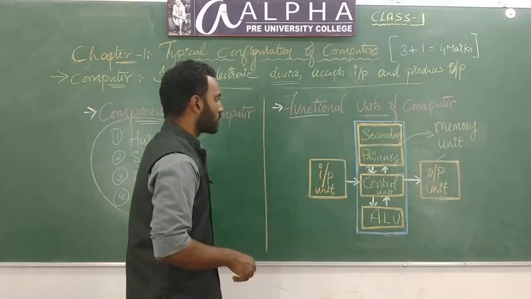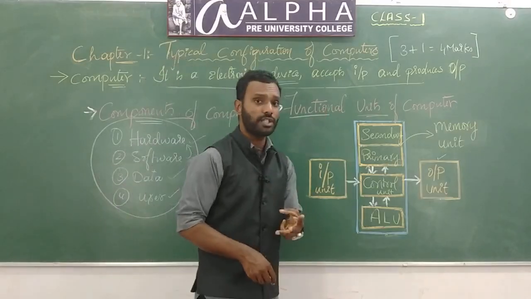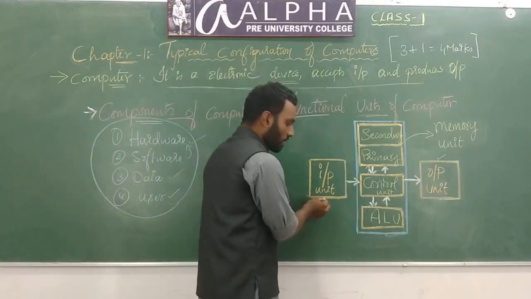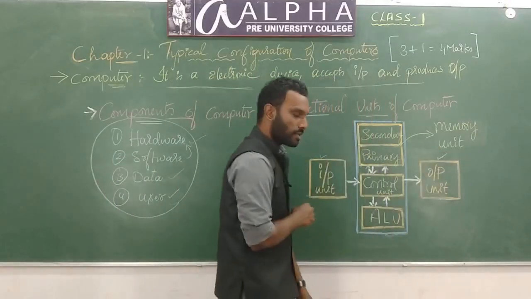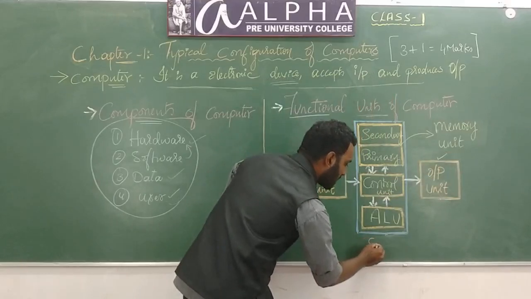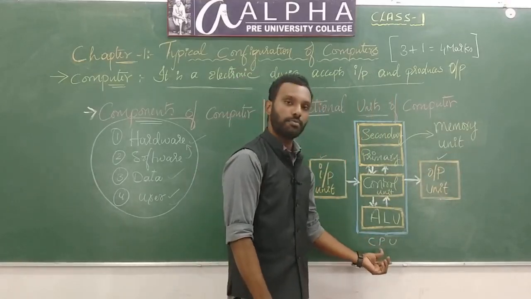Functional units of computers comprise 3 major units: input unit, output unit, and central processing unit. In short, we call it CPU.